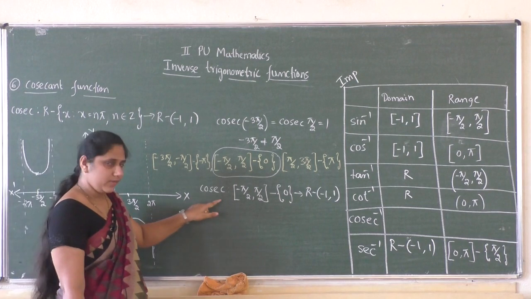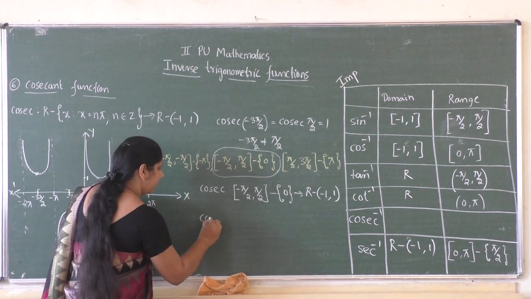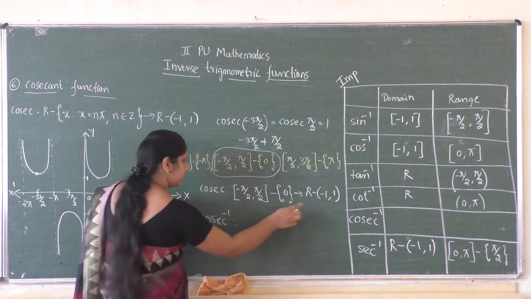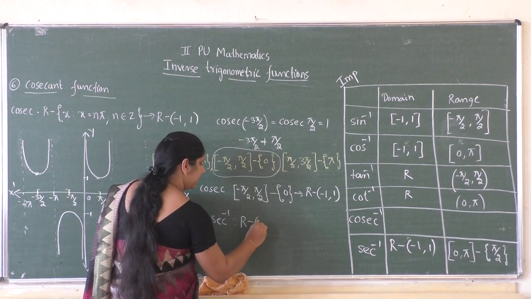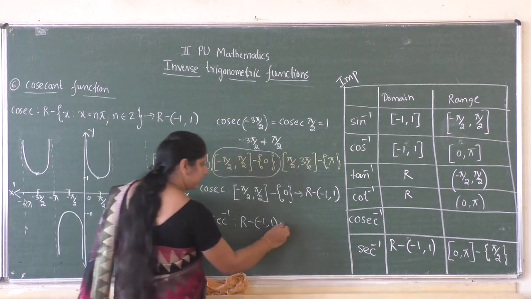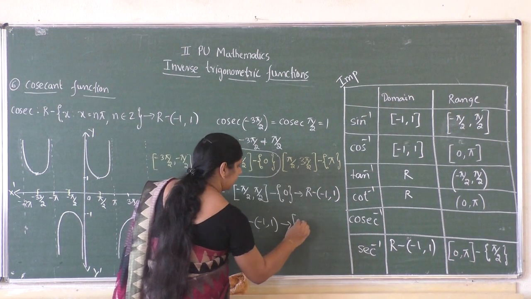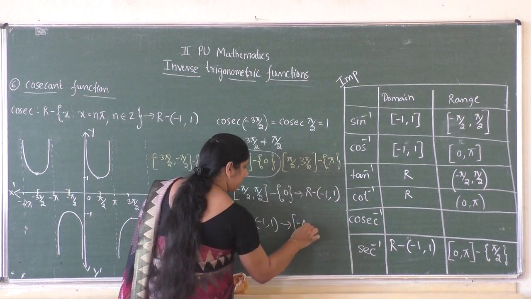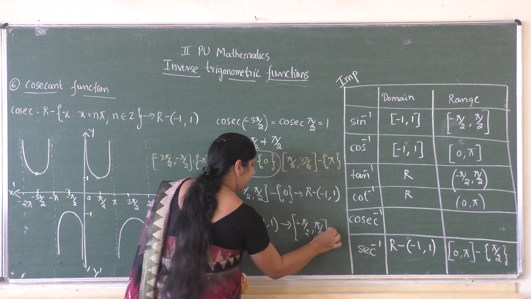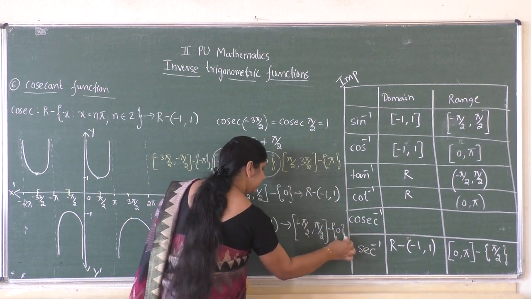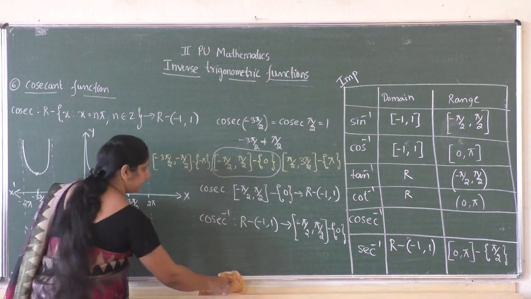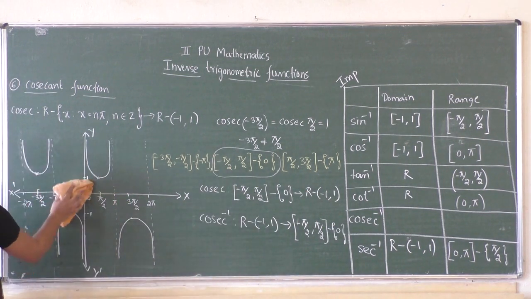If we define the cosec function like this, then the inverse of cosec, that is cosec inverse, exists, whose domain is R minus the open interval minus 1 to 1 and range is minus pi by 2 to pi by 2 minus 0. So now we will draw the graph of cosec inverse.